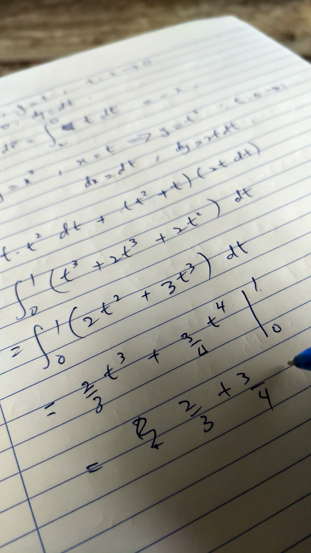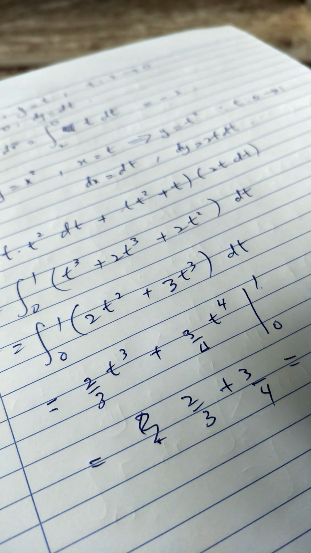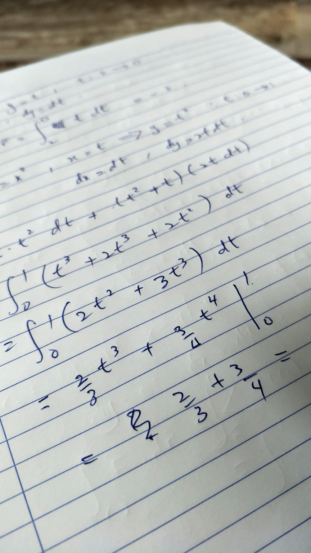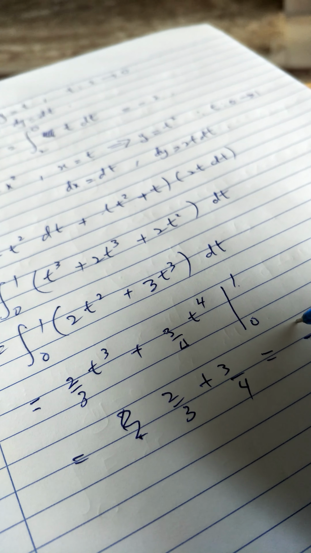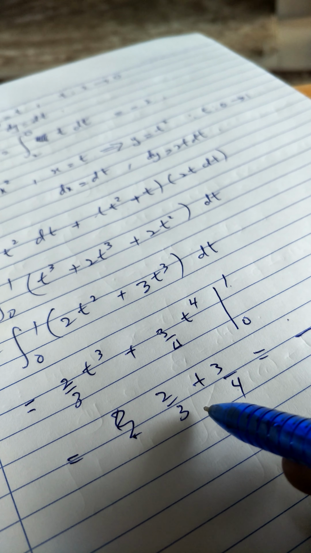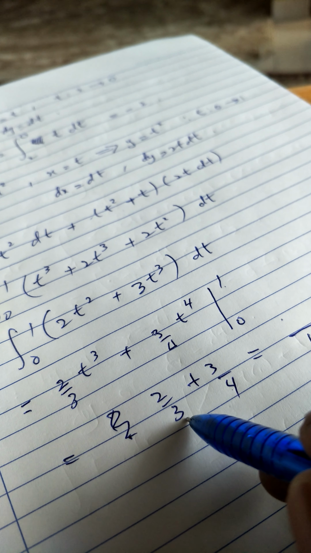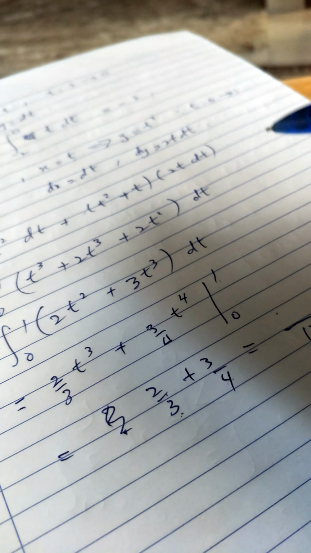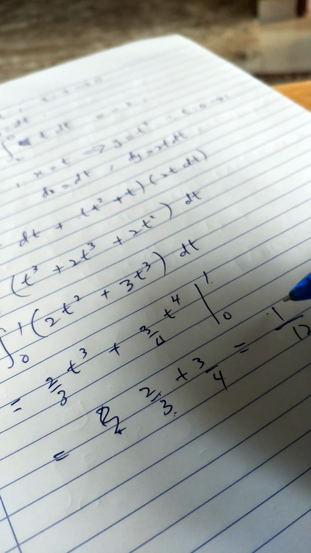So what you have here, 12, 4 times 3, 8 plus 9, so 17 over 12. Yeah.